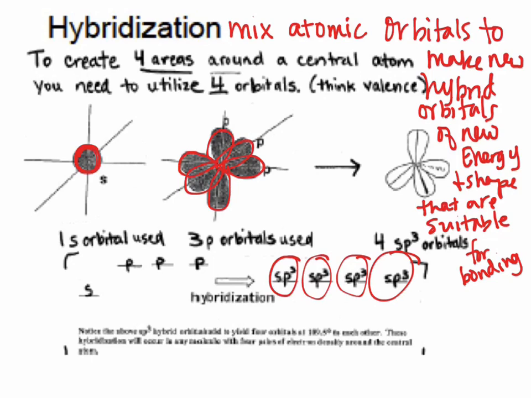They come together and hybridize to make this new orbital, and we call it sp3. 3 plus 1 is 4, so it's 4 orbitals making this new orbital. This is how we get more than a couple of atoms around the central atom.